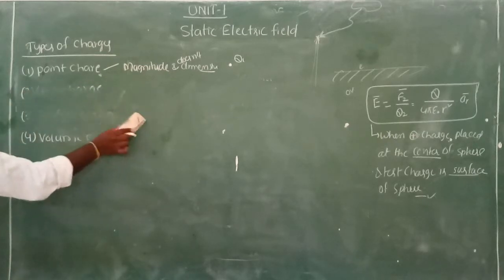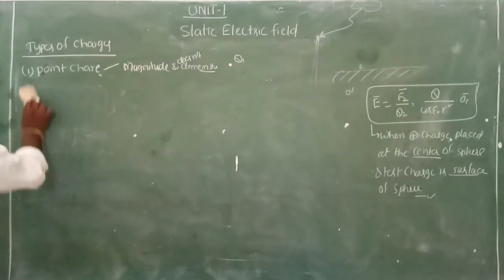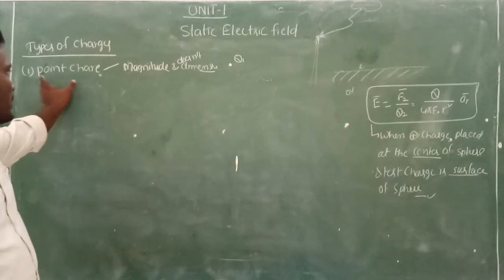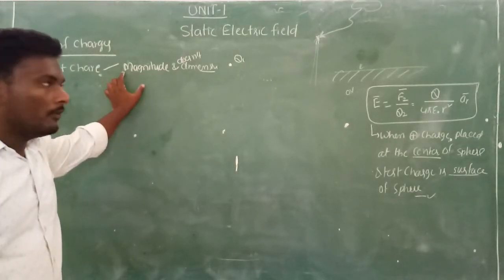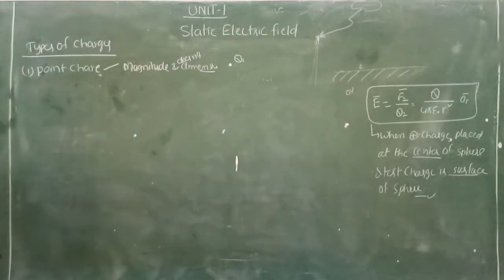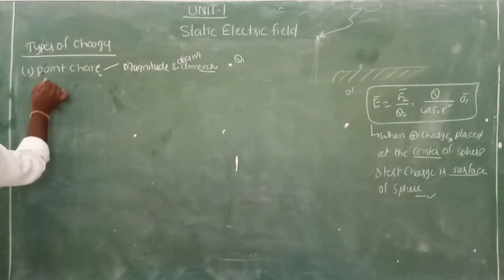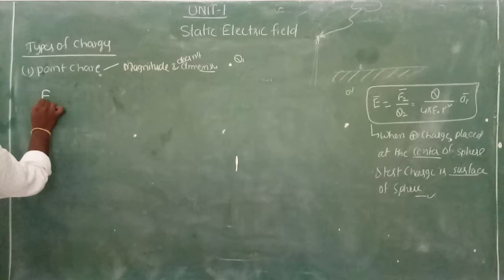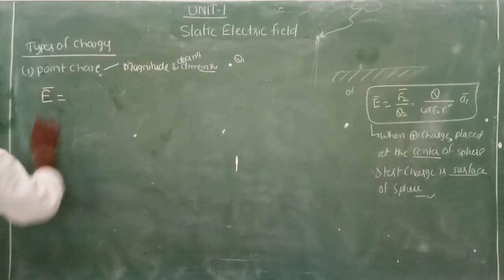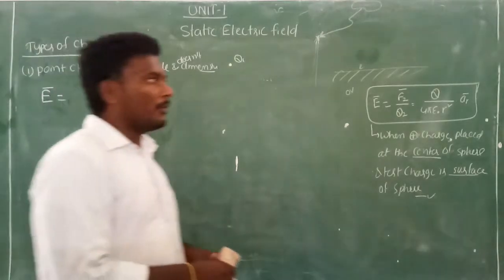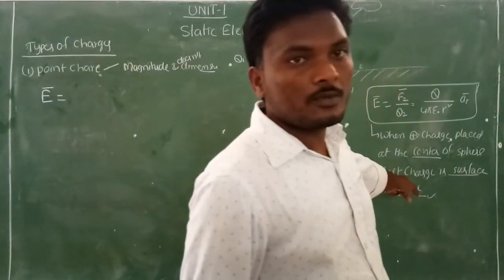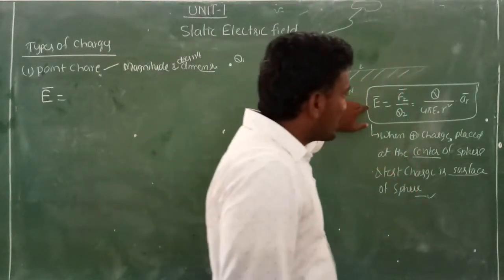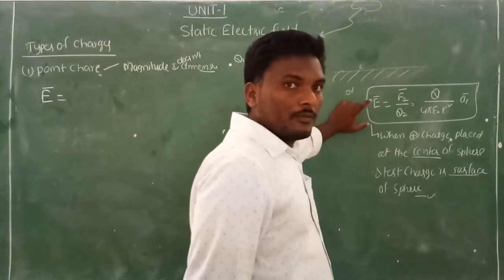Similarly, in addition to the definition of point charge, we will also see the electric field intensity due to different types of charges. So what is the electric field intensity due to a point charge? Whenever I place my point charge at the center of the sphere and the test charge is on the surface of the sphere, this is the expression for electric field intensity.